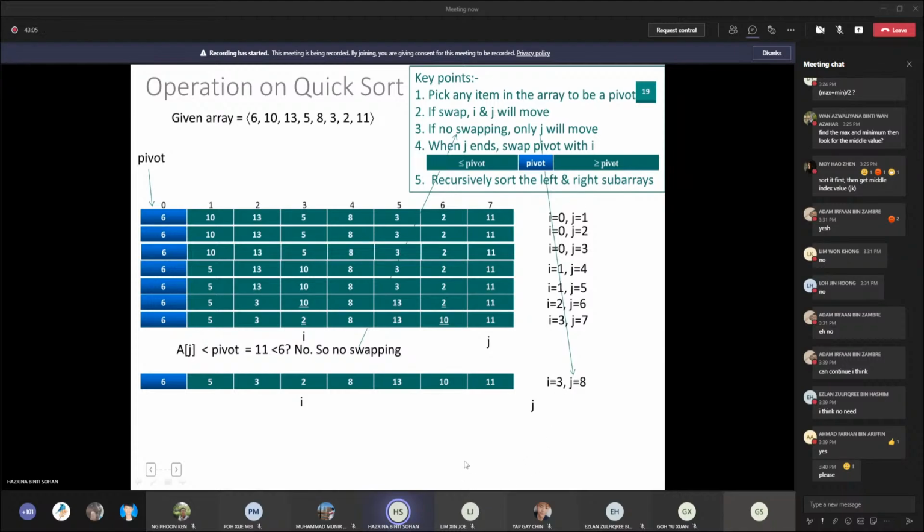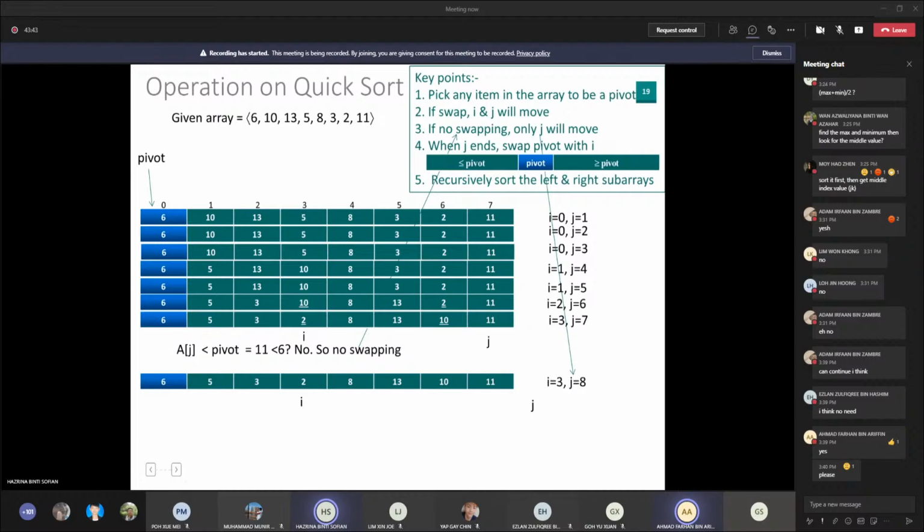Farhan, which value do we need to swap? Yes, Doctor. So now J has ended, so we need to swap the pivot with I. Swap pivot become 2, and then over here will become 6, right?